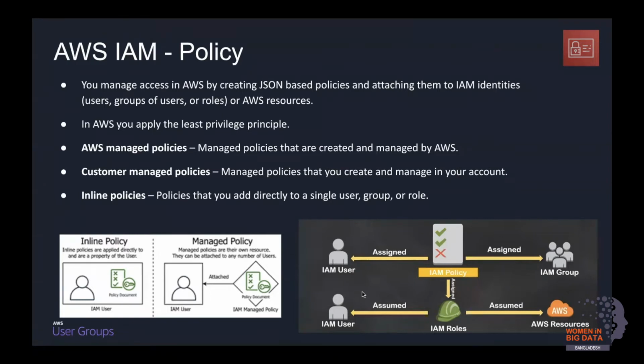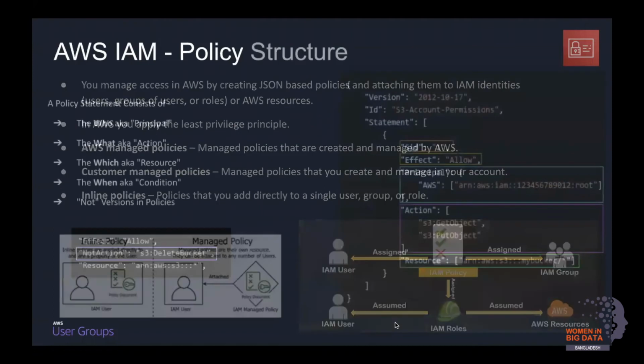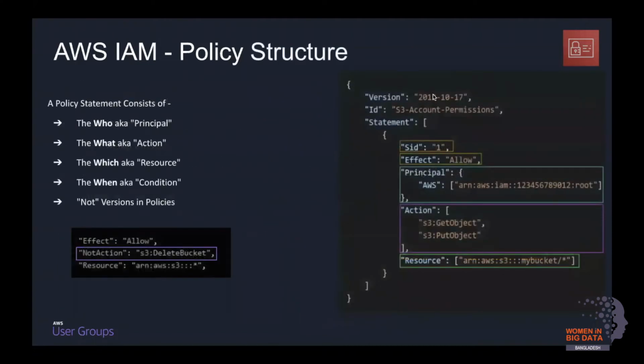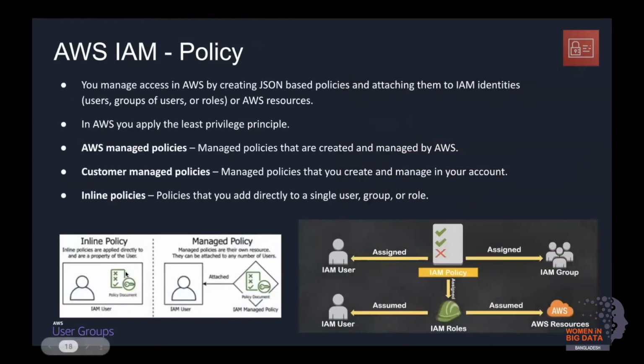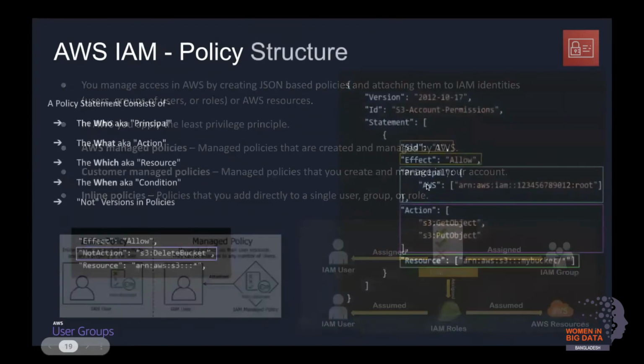Now let's understand the image which has been shown, which is the policy structure. This is a policy where you have principal, action, resources, and condition. As I mentioned in the beginning, this is a JSON structure where you define things very clearly. As I mentioned in the past slide, if you go back, there is something called a principal, the identity.